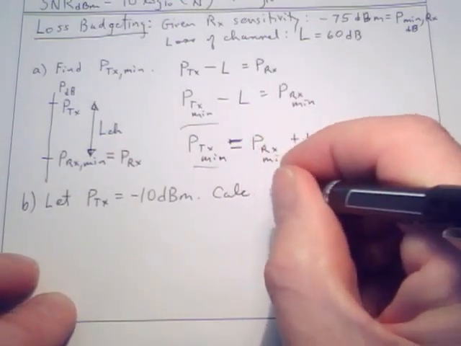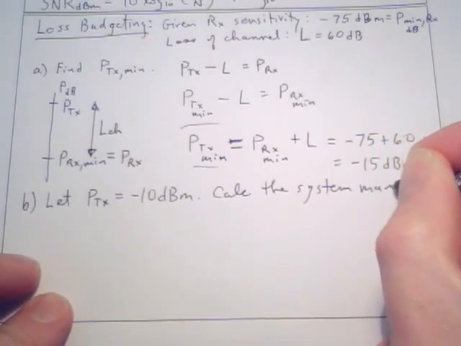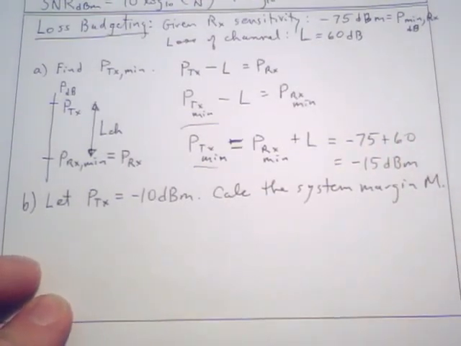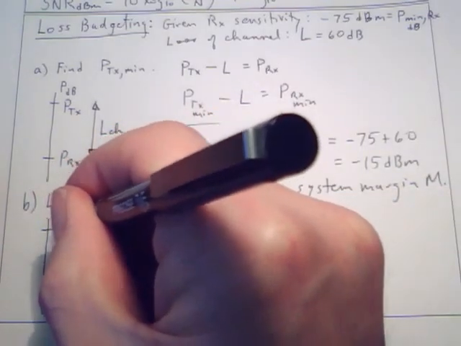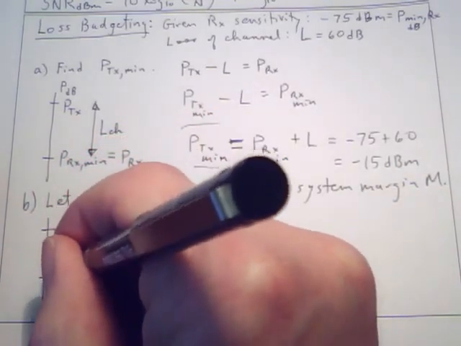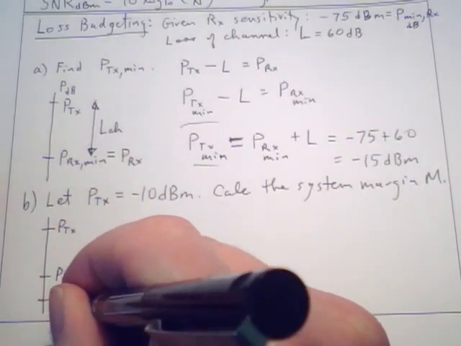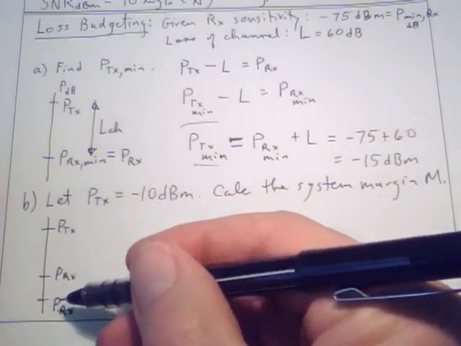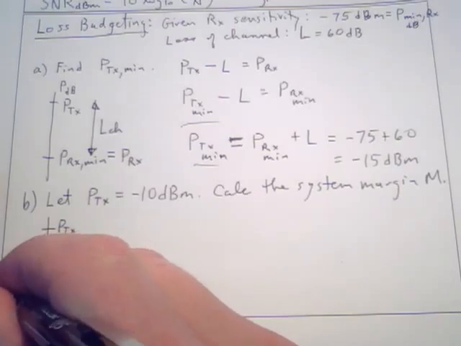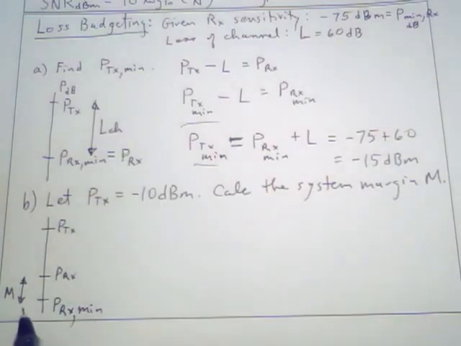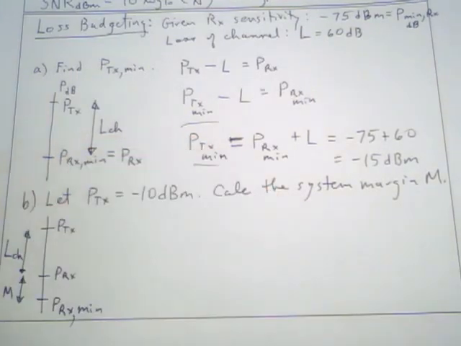Calculate the system margin M. Okay, and now we've got a situation where we have PTX, we have PRX, and hopefully where our received power, PRX, is above our minimum received power, in which case our margin M is going to be positive. Okay, and of course this is the loss of the channel here.